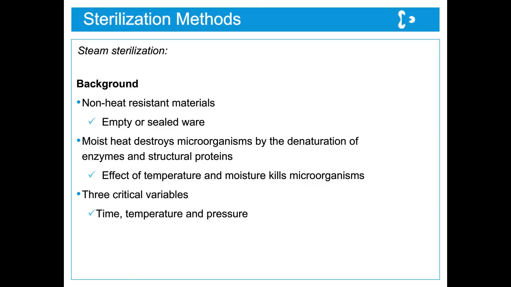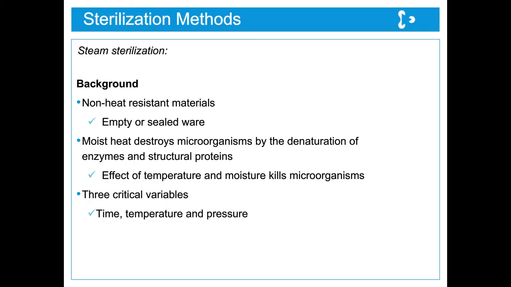Now let's get into steam sterilization. Instead of ethylene oxide gas, there's actually heated moisture that is utilized. The heated moisture destroys microorganisms by denaturing the enzymes in the structural proteins. Therefore, it's the effect of temperature and moisture that actually kills off the microorganisms.